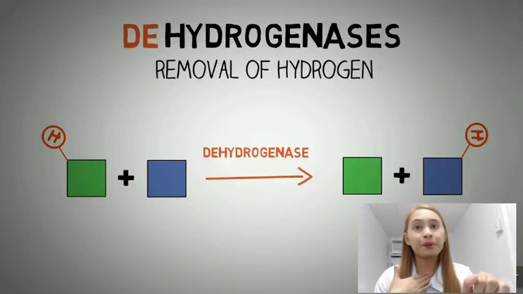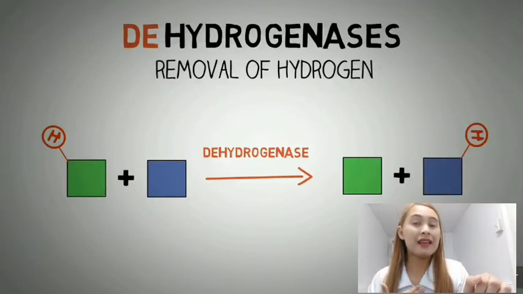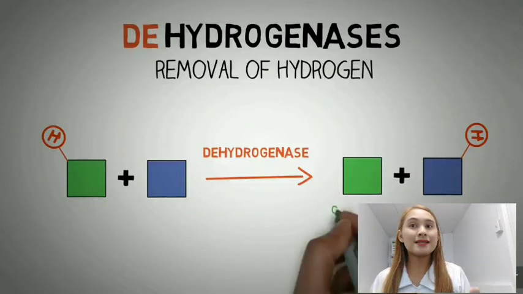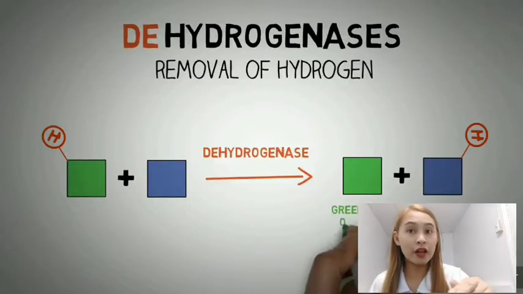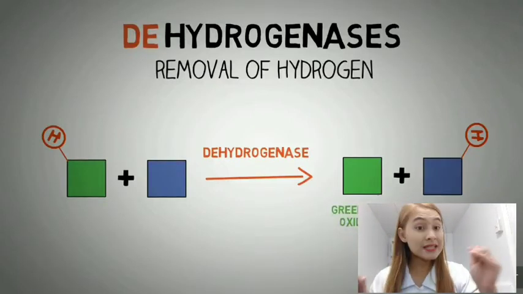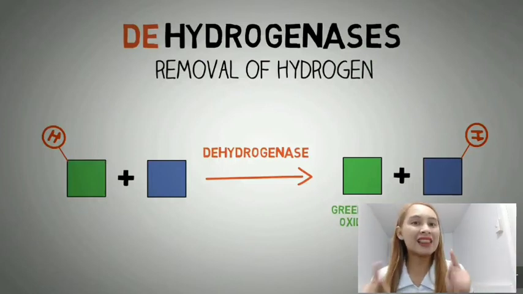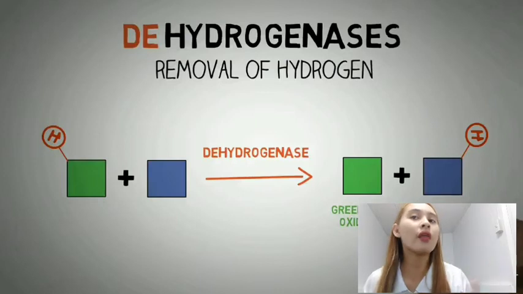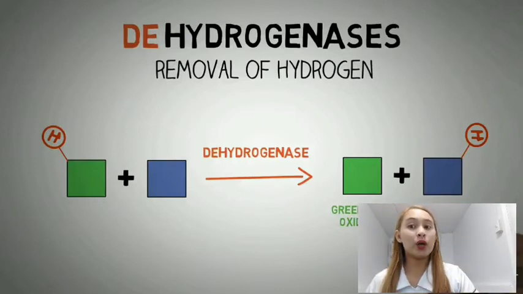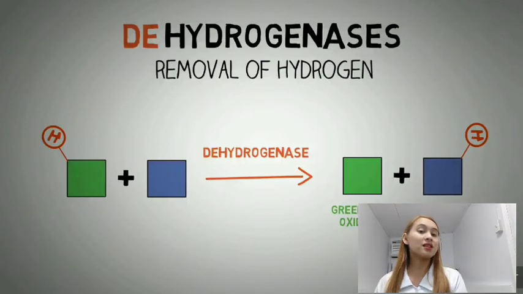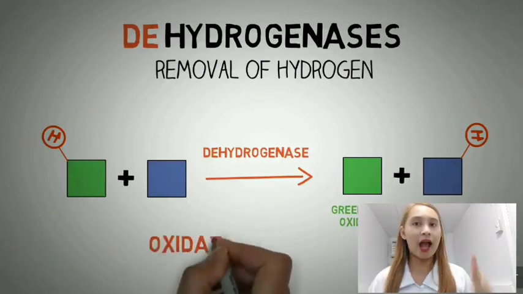So that is basically the role of the dehydrogenases. The concept is that they remove hydrogen from one molecule, oxidizing it, and in turn, attach hydrogen to some other molecule, leading to its reduction. So that is the process known as the oxidation reduction reaction.